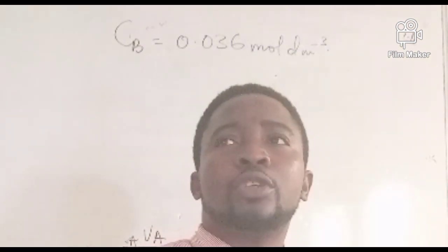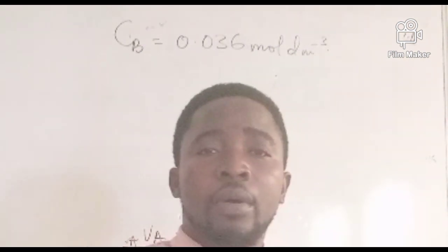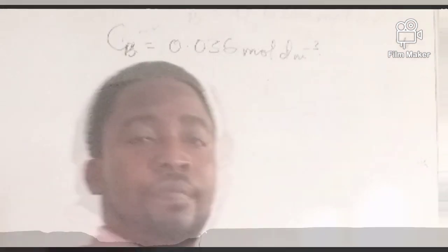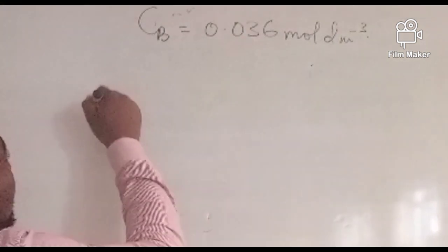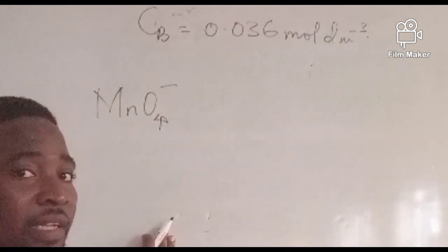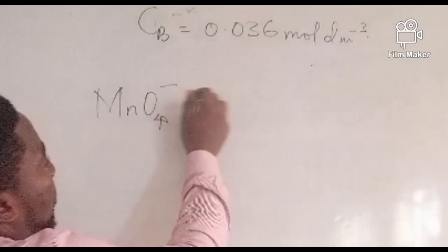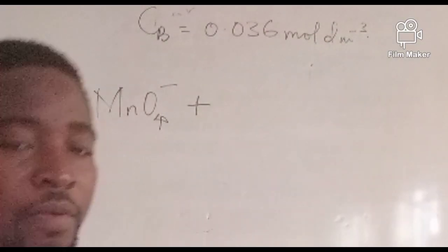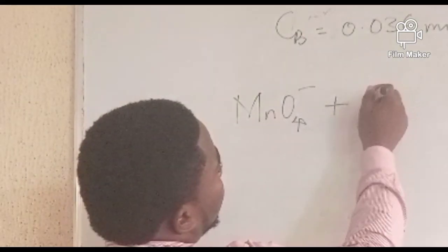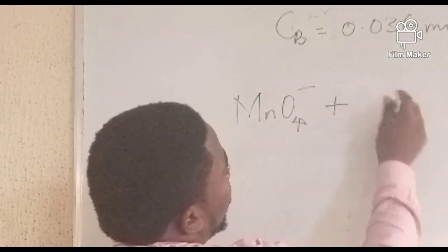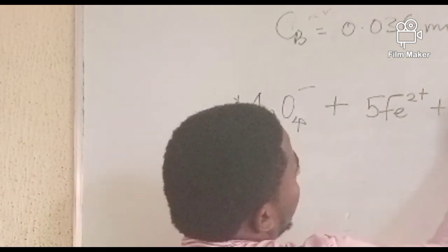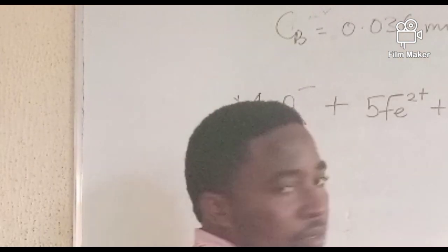But before then, let us look at the equation for the redox titration. The redox titration is MnO4 minus, that is the manganese 7 ion, plus 5 moles of iron 2 ion, plus 8 moles of hydrogen ion.